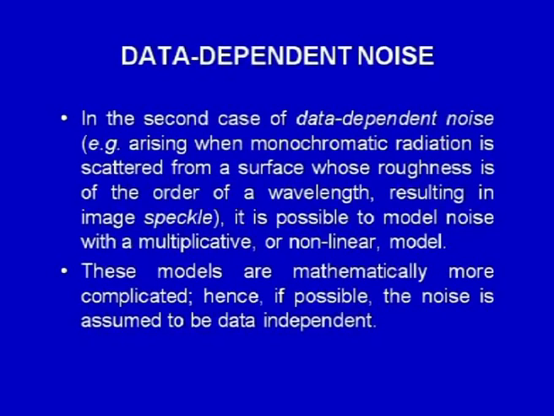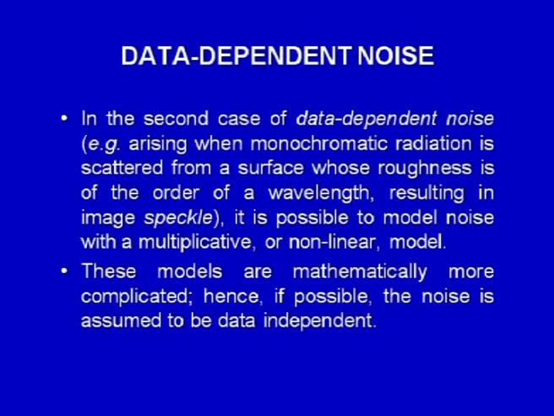Then we come to the next category, and that is data dependent noise. In the second case of data dependent noise, it arises when monochromatic radiation is scattered from a surface whose roughness is of the order of a wavelength, resulting in image speckle.